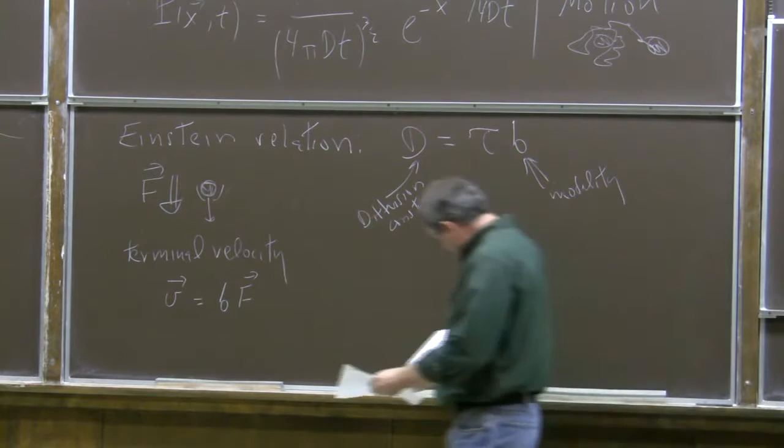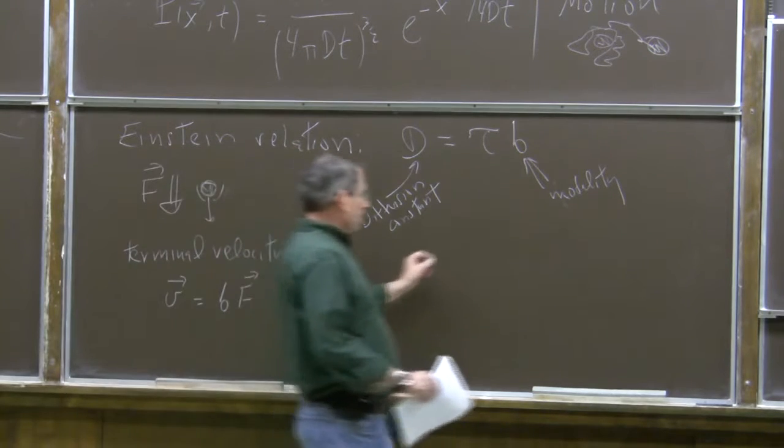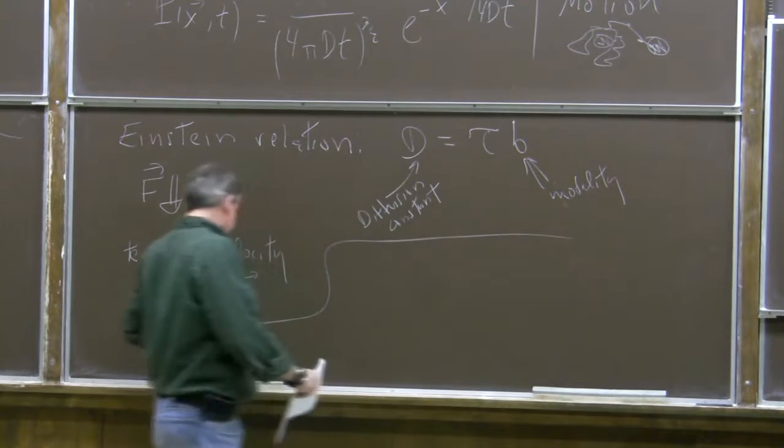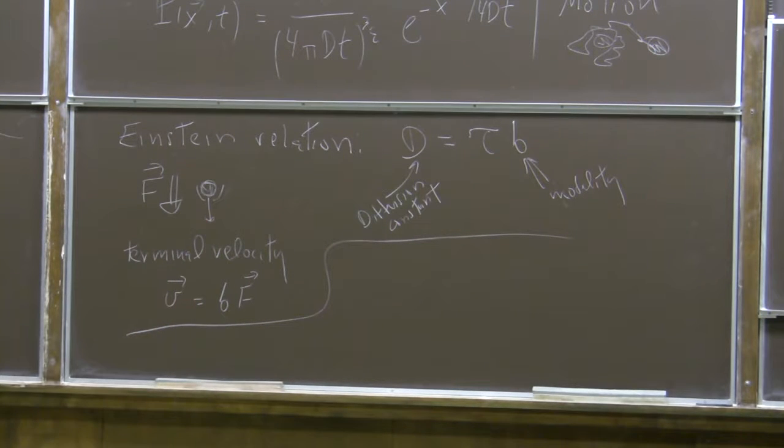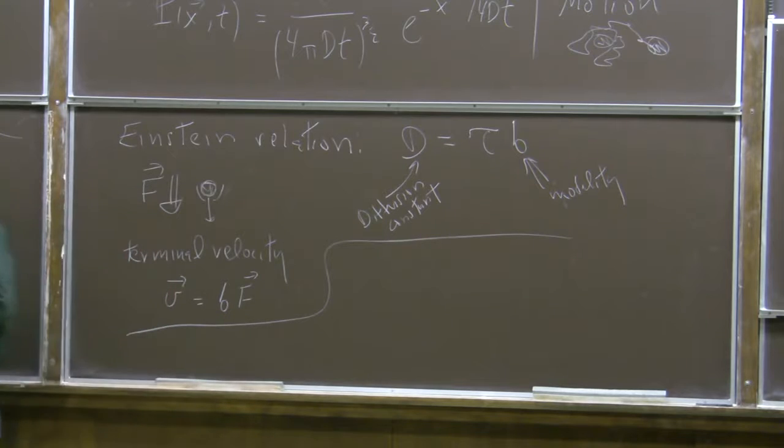Okay, so where does this relation come from? I'll describe two ways to derive it or understand it. So the first is, we can imagine a steady state situation where there's a force being applied to the particle, and let's say there are many particles in the fluid, and they're all dancing around because of the fluctuation.